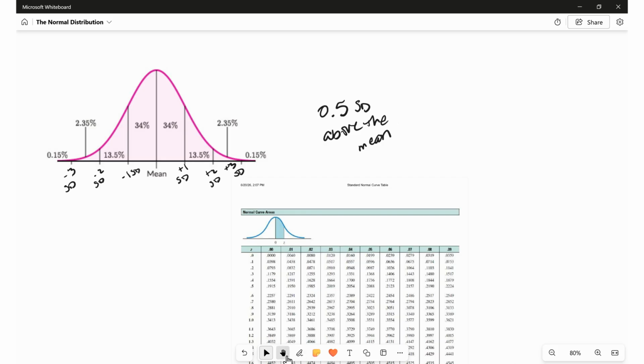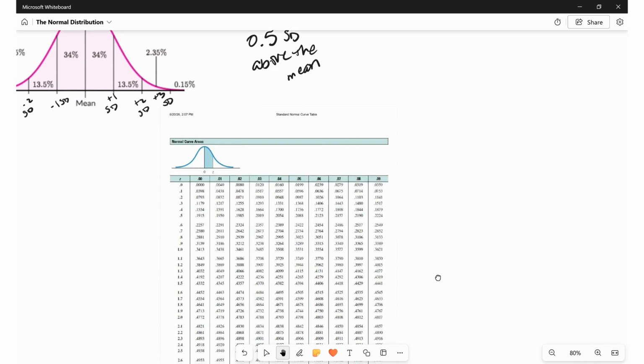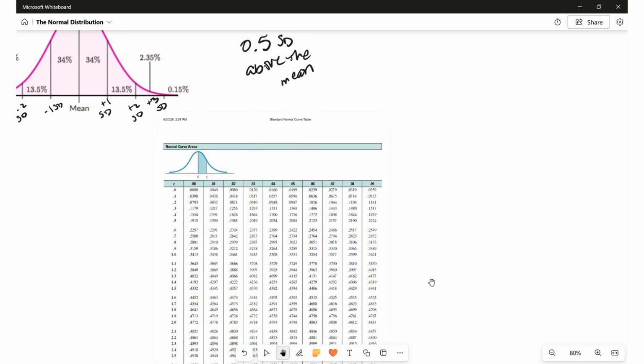And when we have the z-table here, and let's say that we do want to find the area, okay, because we're looking for the area, that is half of a standard deviation above the mean. Well, what we want to do then, okay, is find the intersection of 0.50. Okay.